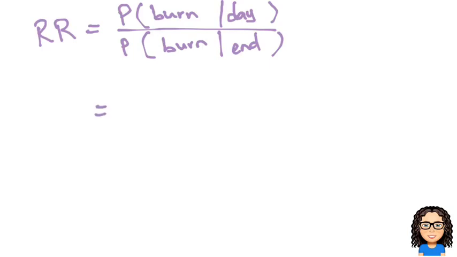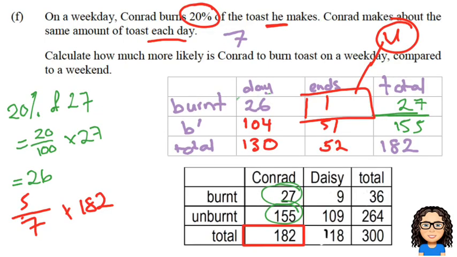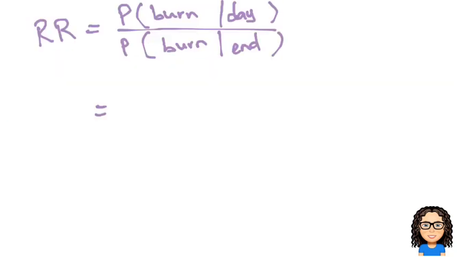So the probability of burning toast, given that it's a weekday, well, we know that there are 130 weekdays, and from that 130 weekdays he burnt the toast 26 times. So that's going to be 26 out of 130. Then I need to find the probability on the bottom.